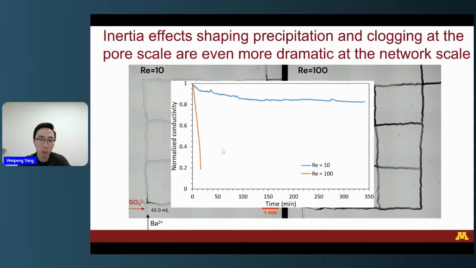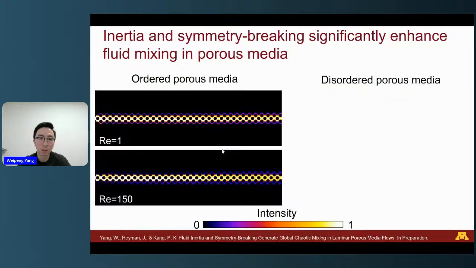So now we know how the fluid inertia behaves in a network. So we want to extend it to porous media. We want to examine how the inertia and symmetry breaking can affect the fluid mixing and mineral precipitation in porous media. So we designed two different porous media. One is the ordered porous media.